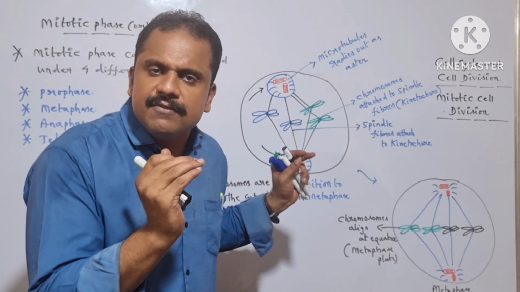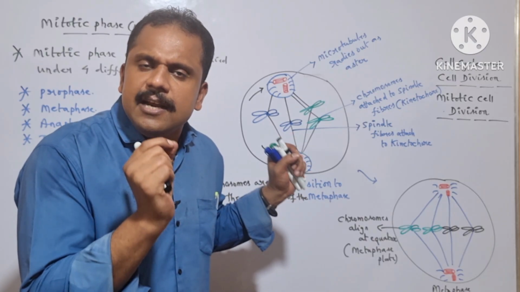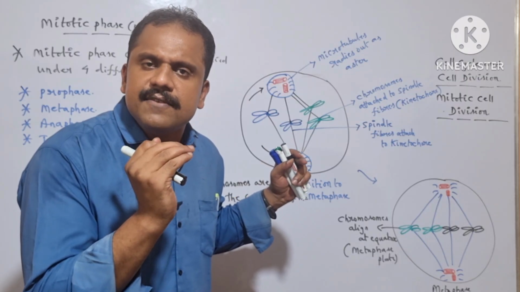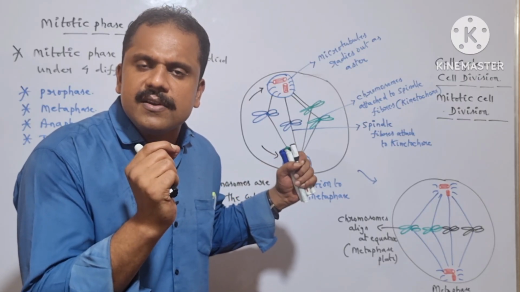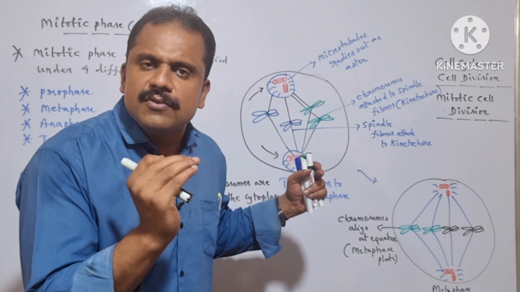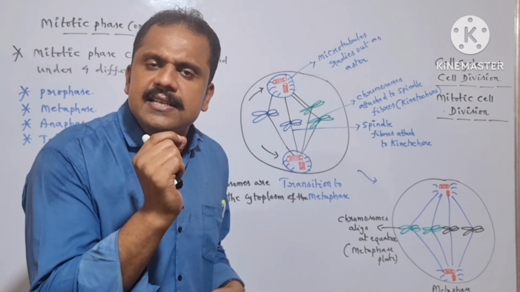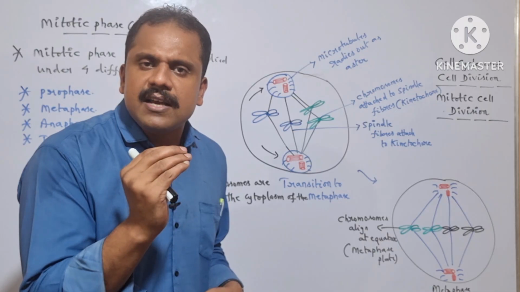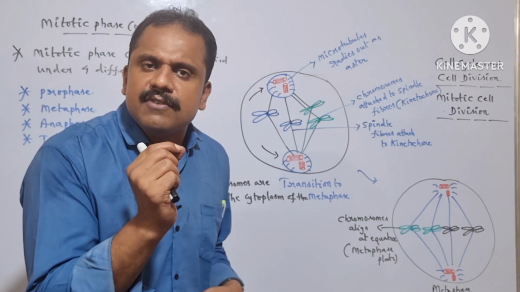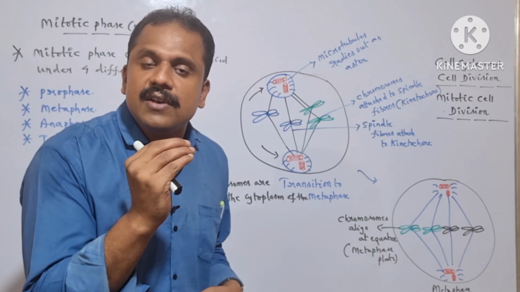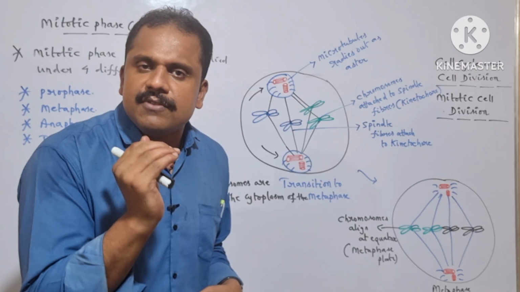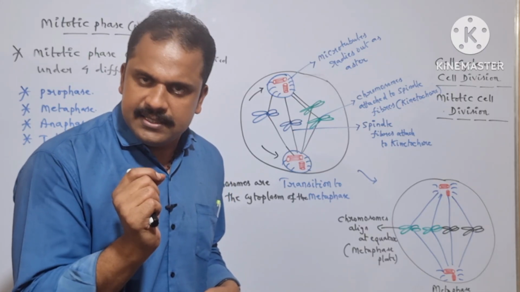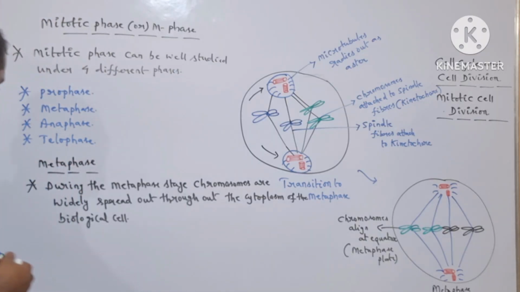Once the cell division successfully progresses from the prophase stage to the metaphase stage, the condensation of the chromosome successfully completes. Because of this, we can visualize the accurate structure of the chromosome during the metaphase stage of the mitotic cell division. Is it clear? So let me write it here.